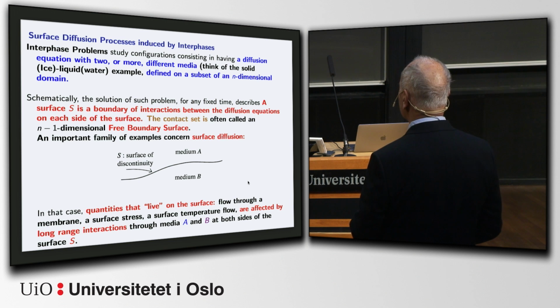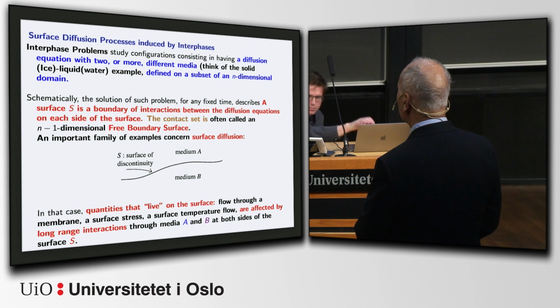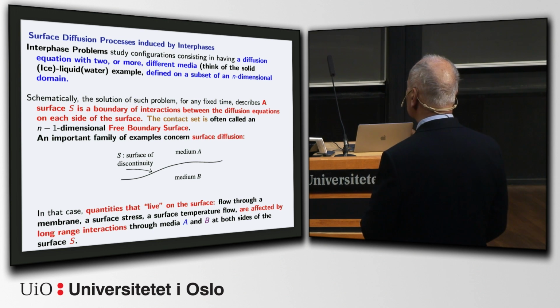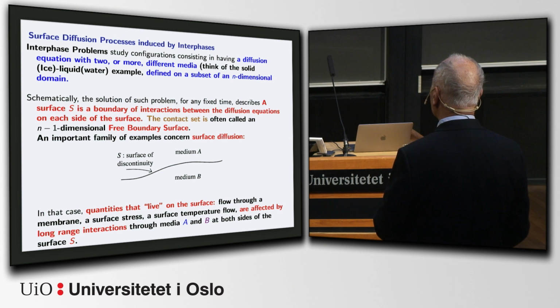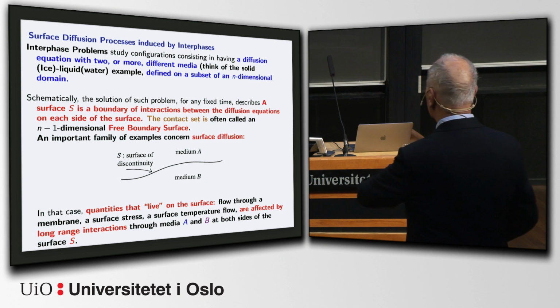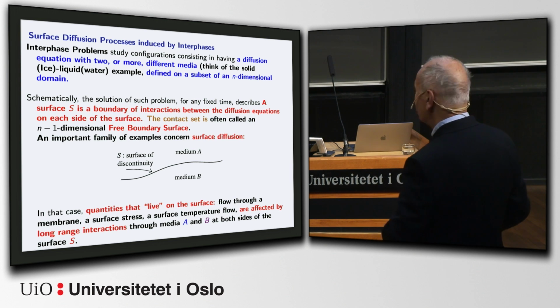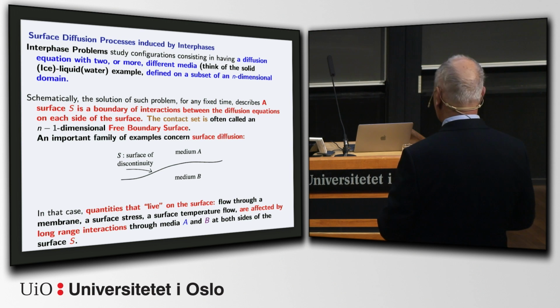In that case, quantities that live on the surface flow through a membrane and are affected by long-range interactions through media A and B. In other words, something happens in A, something happens in B, and what makes it interesting is what happens with the surface in between.